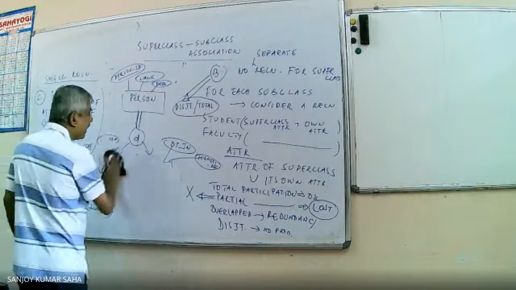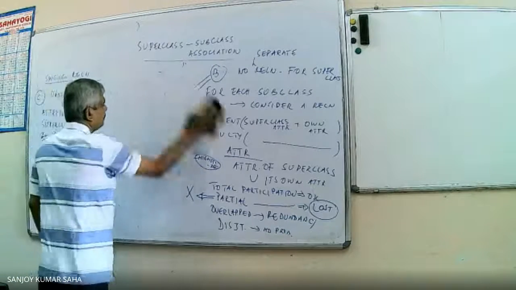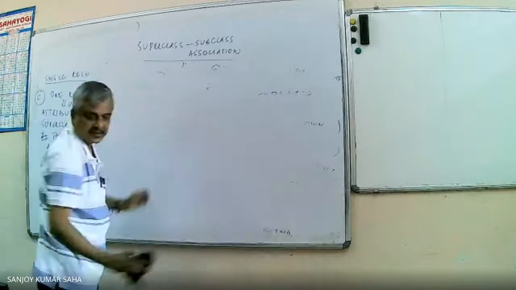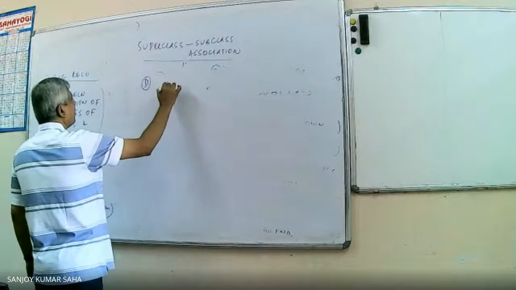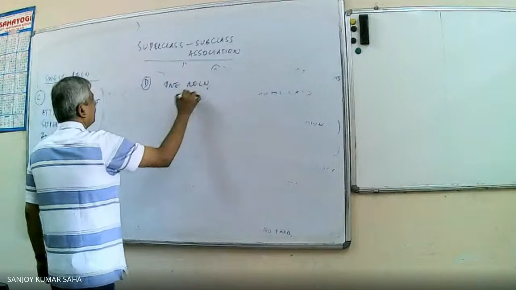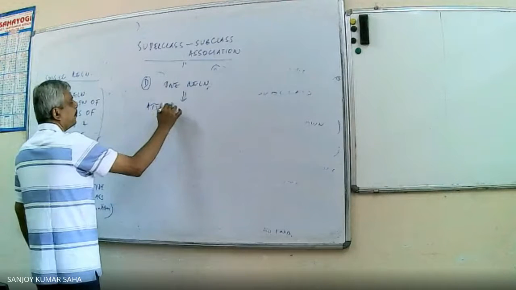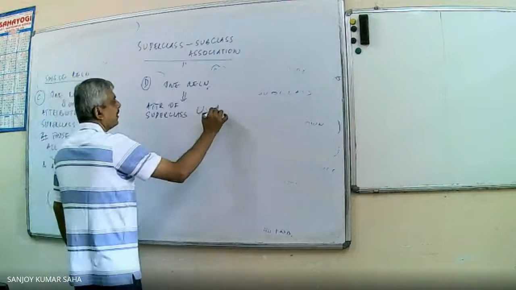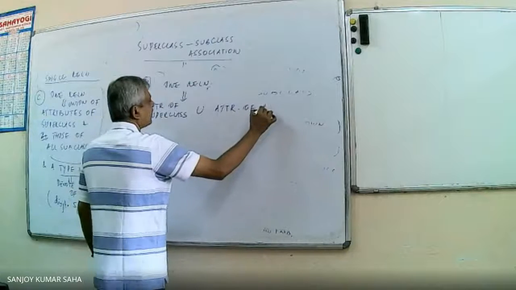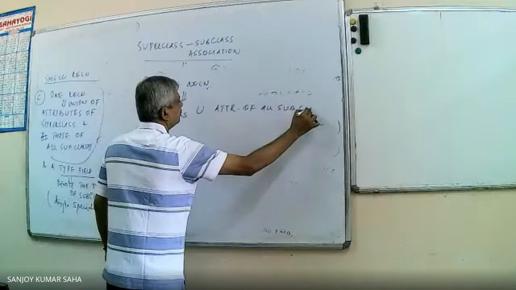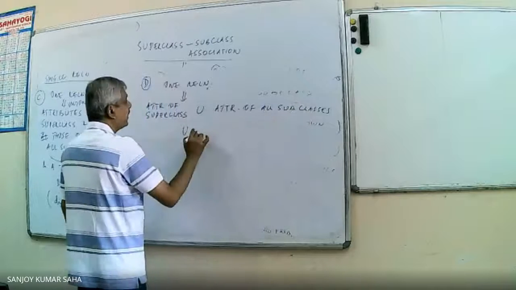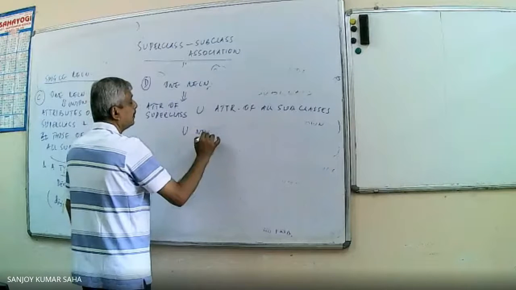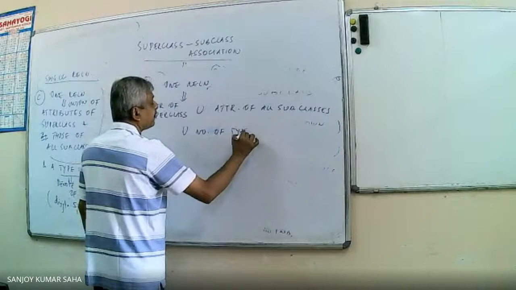Another is a minor variation of this one. This is just like the previous case, one relation, and the schema will have the attributes of the superclass, union the attributes of all subclasses, union a number of type fields.